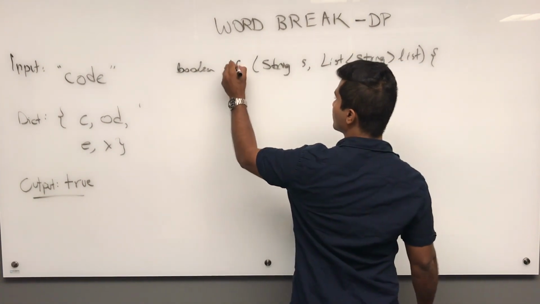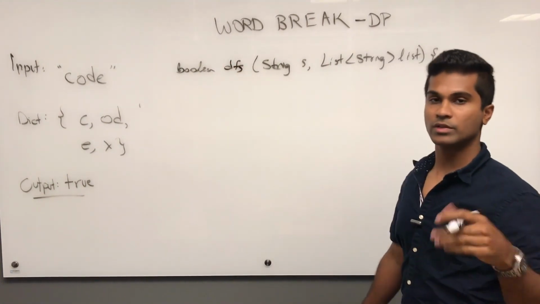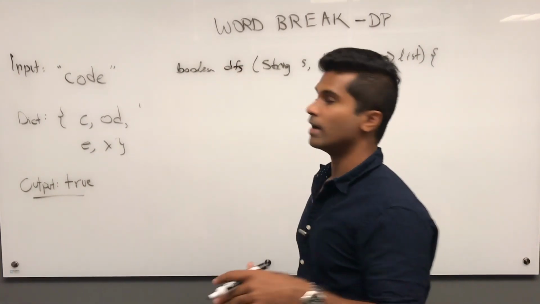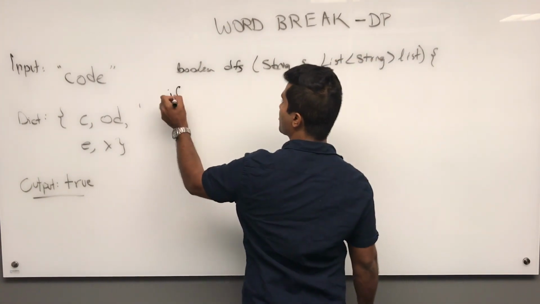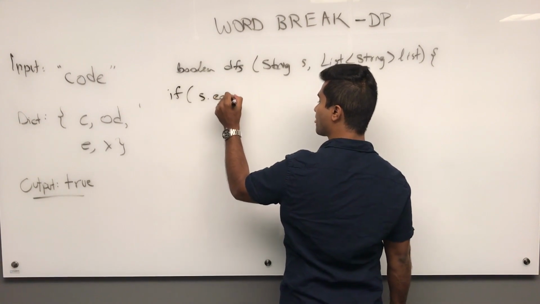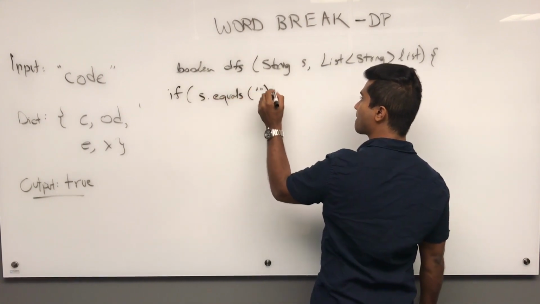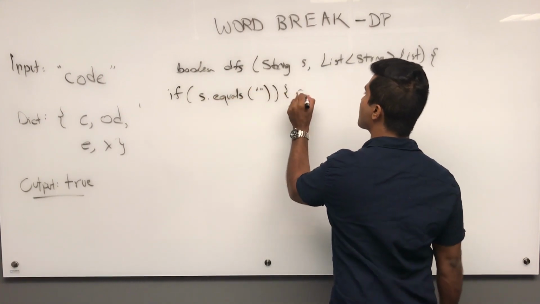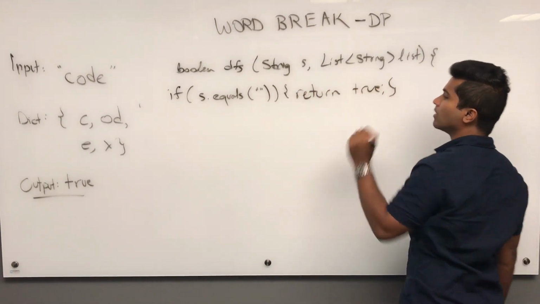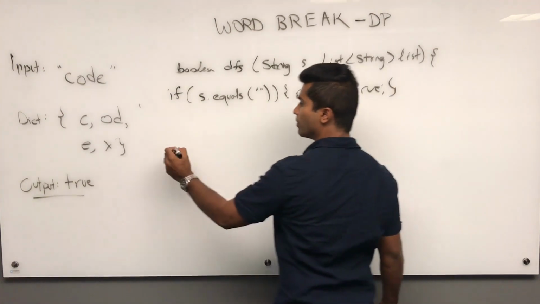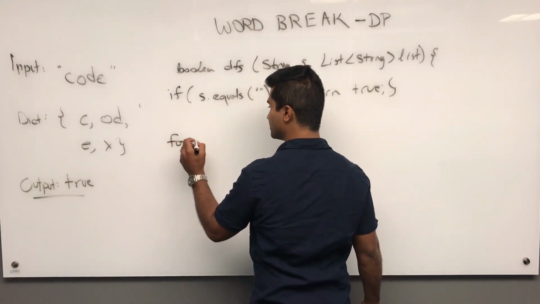Say it's called DFS. In recursive functions, the first thing we should always take care of is the base case. And like I said, if we have an empty string, it's going to be true. Otherwise, we get into the core logic where we break away one piece at a time.